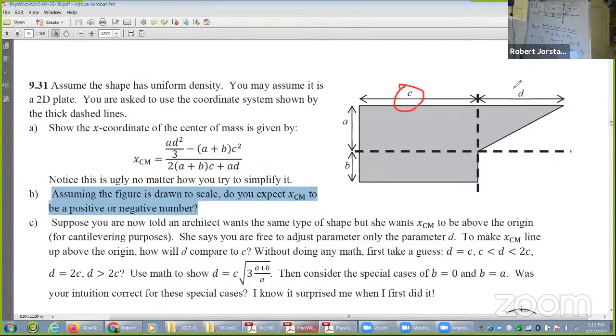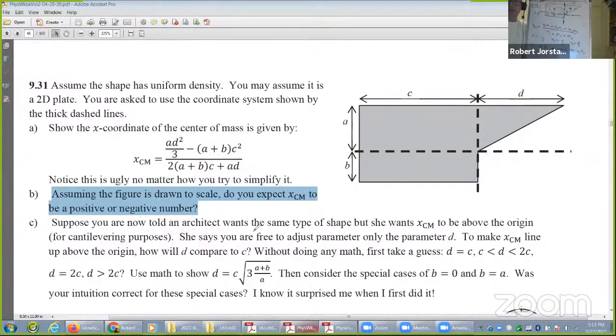Well, C is clearly bigger than D. That means C squared should be bigger than D squared. A plus B is clearly bigger than A over 3. That means the second term with the negative sign should dominate and we get a negative result. Everything in the denominator is positive. So this makes sense. That is a way to check the sign of your answer. It's not the same as plugging in numbers, but it is checking the sign.